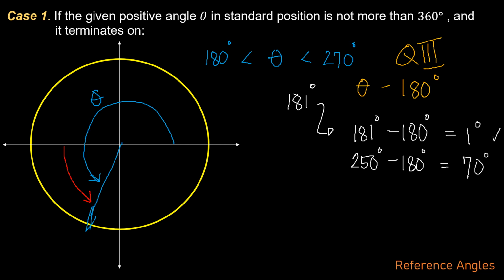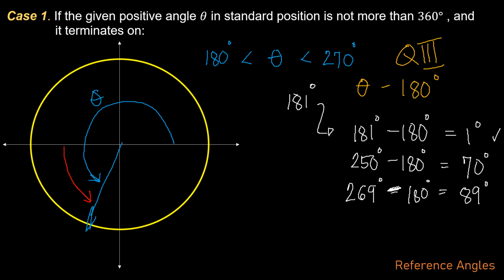So that's the reference angle. 269, for example, is another angle less than 270. You're going to subtract 180 degrees from that, and the difference is you have 89 degrees. So just take a look on this formula, or you can have an illustration.